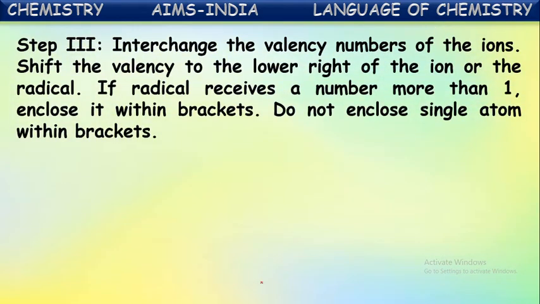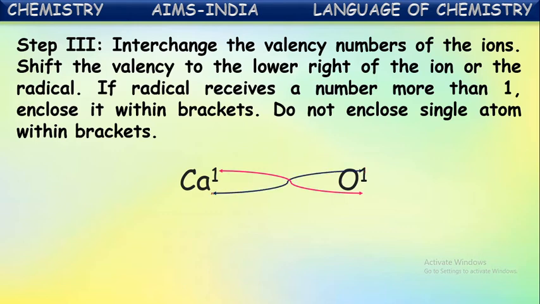In the third step, interchange the valency numbers of these ions. Shift the valency to the lower right of the ion or radical. What we got in the second step was Ca1 and O1. Now interchange these valencies: this one is written at the right bottom of the symbol oxygen and this one at the right bottom of the calcium.